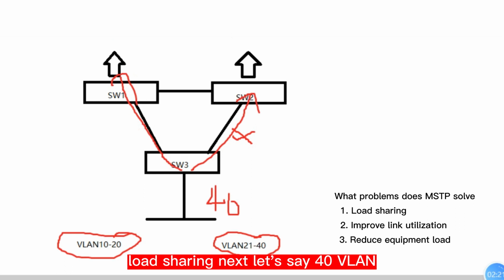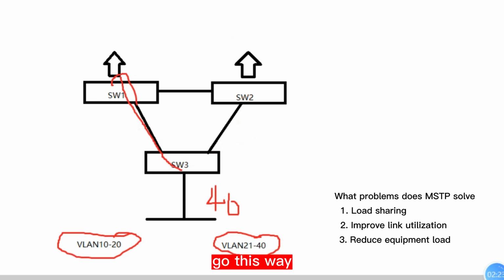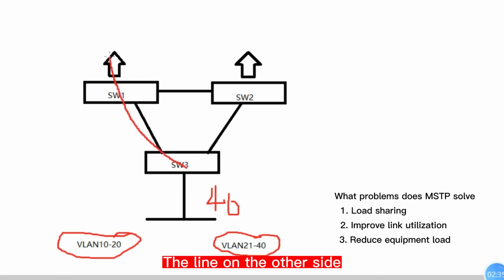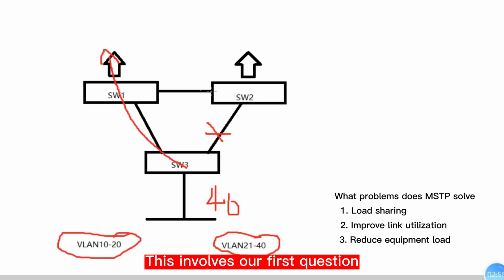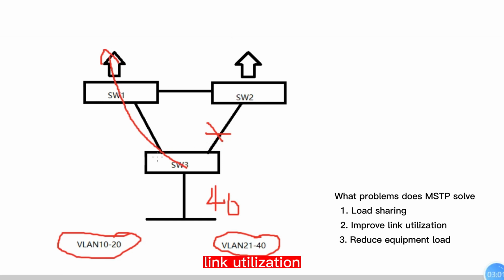Next, let's say the 40 VLANs go this way, and the line on the other side is about to be broken. Of course, not really broken, but based on the spanning tree to break the loop, on the physical level the cables between the two devices are connected, but only one side can forward data. This involves our first question: link utilization.